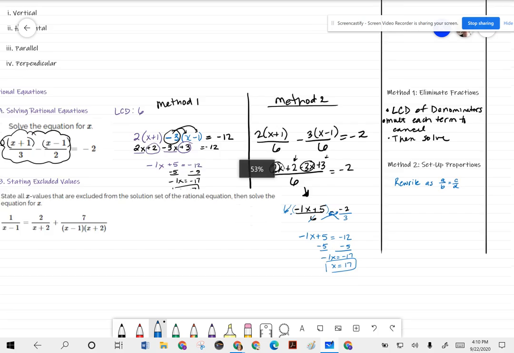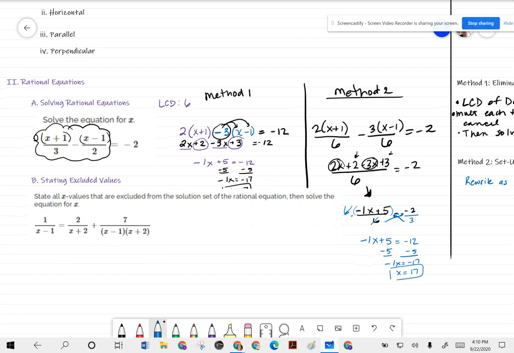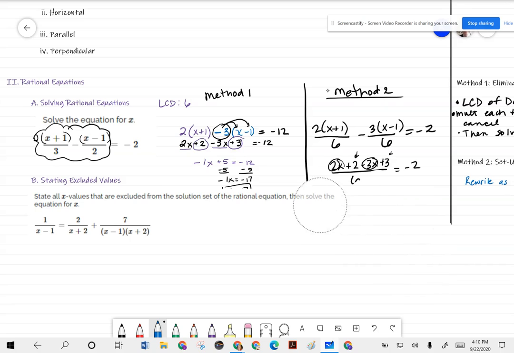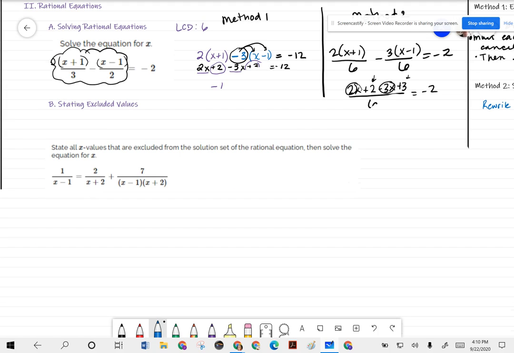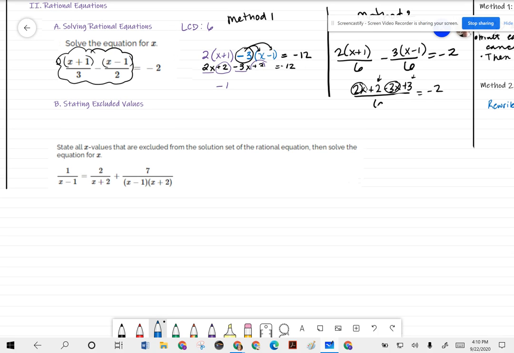All right. So now let's take a look. I'm going to go ahead and delete this, make some space for myself here. Let's say that we are supposed to state all the x values that are excluded from the solution set of the rational equation, then solve the equation for x.